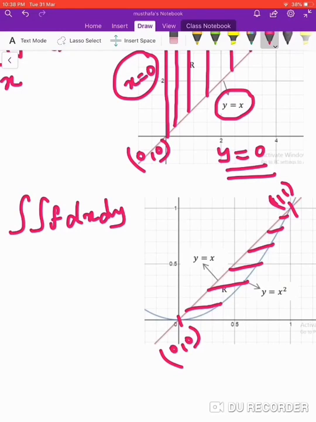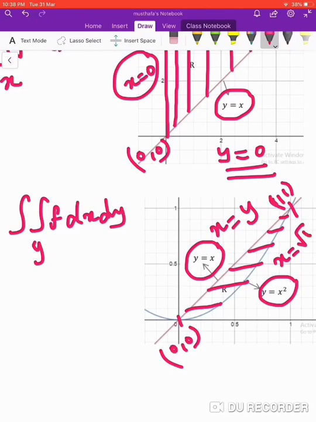What is the value of x in the red line? X equals y. So x equals y, and here we have x power 2 equals y. So that means x will be the square root of y. Everyone knows that when you take the square root, it will give a positive value and a negative value.